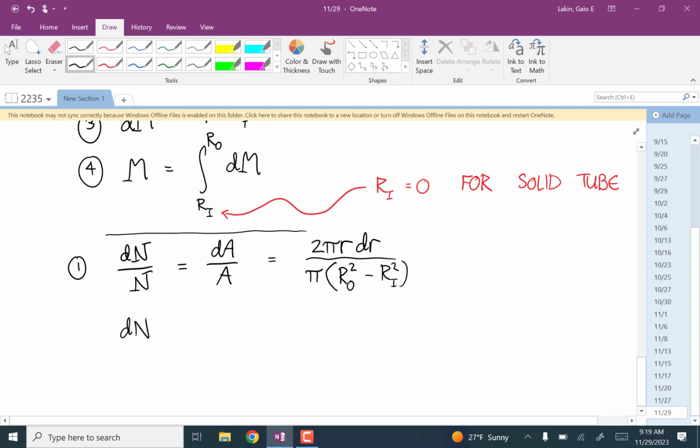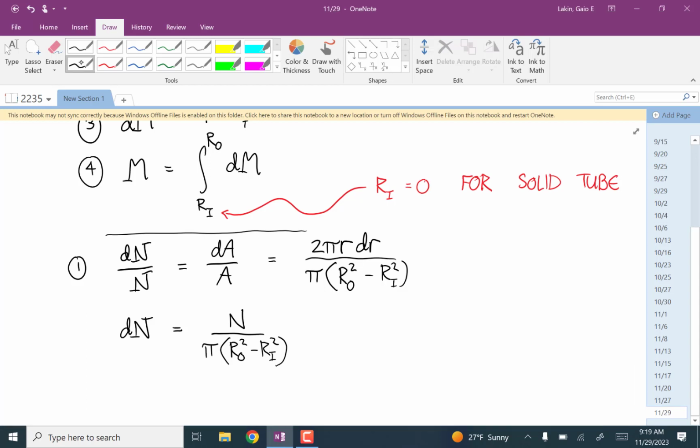We want dN, that's just the total normal force acting on that infinitesimal ring, so just multiply N to both sides, and you can write this as N over pi times R outer squared minus R inner squared, times pi.